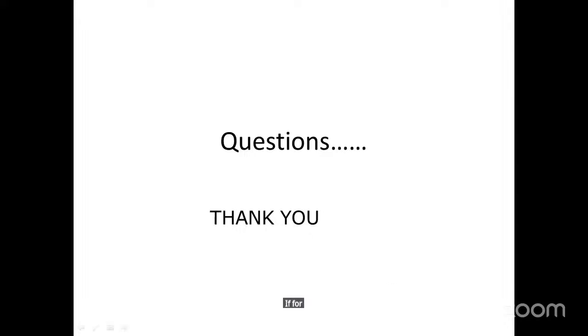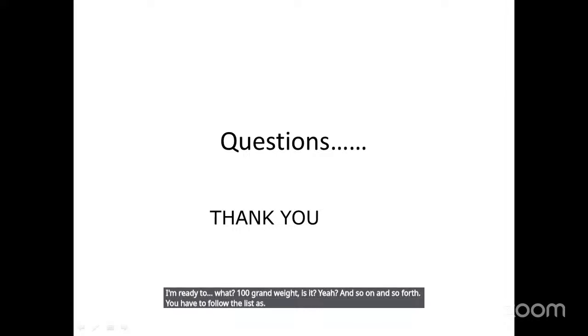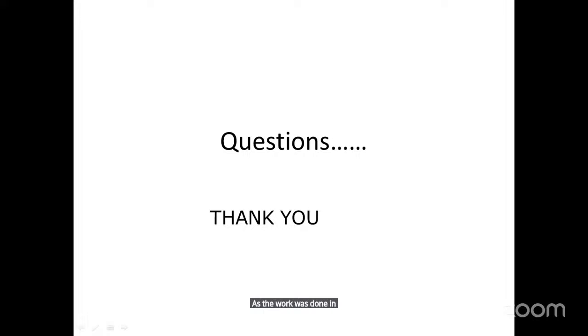If for some reason you had plant height, leaf area index, days to flowering, days to physiological maturity, grain yield, 100 grain weight, and so on, you have to follow the list as the work was done in methodology, and preferably let those parameters measured become the subtitles, because you are looking at how that parameter responded to the treatment or to the study factors.